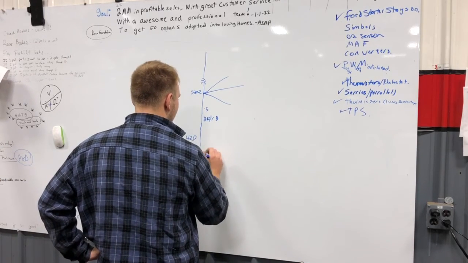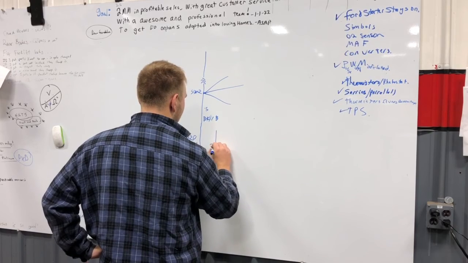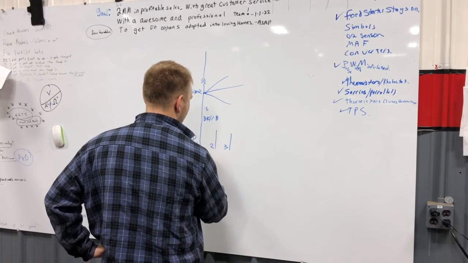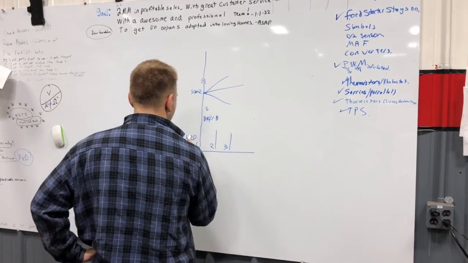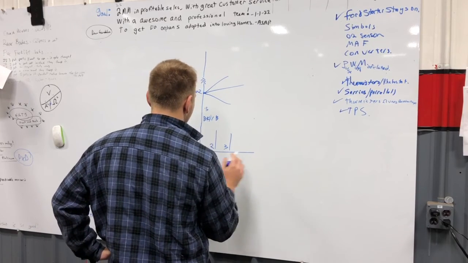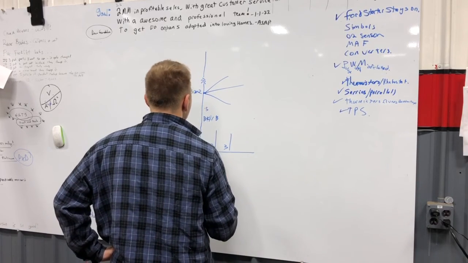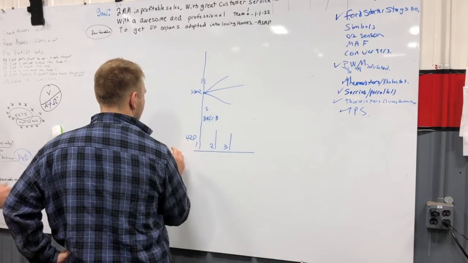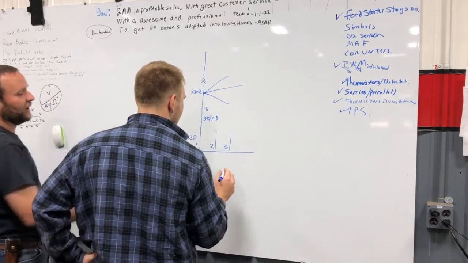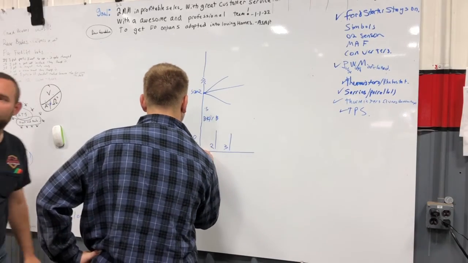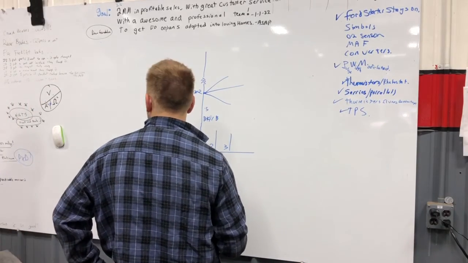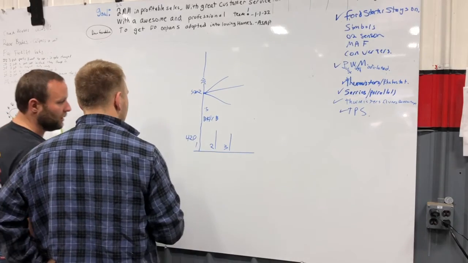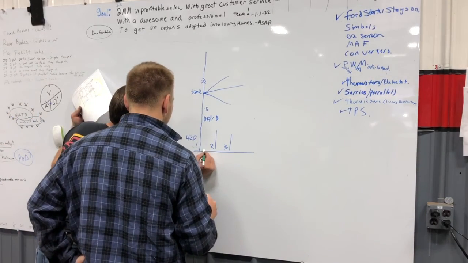And then we'll go 1, 2, 3. And that's the circuit number, and these will be connectors. What connector is that though? That's a PCM. You got wires in the PCM. So, last time we did like this.